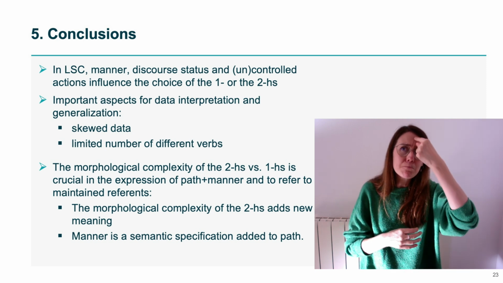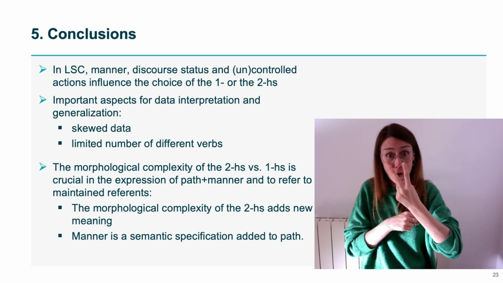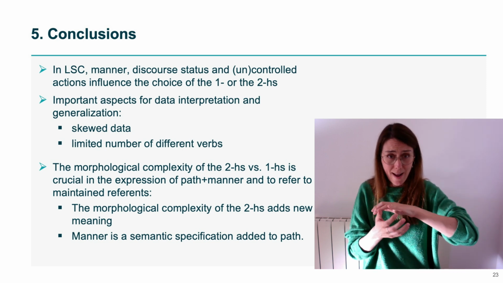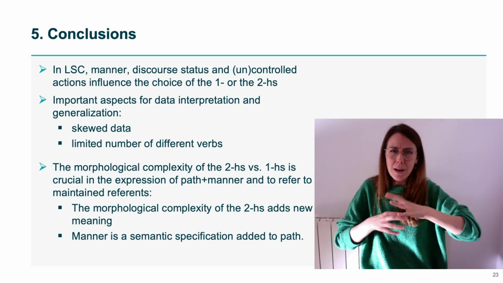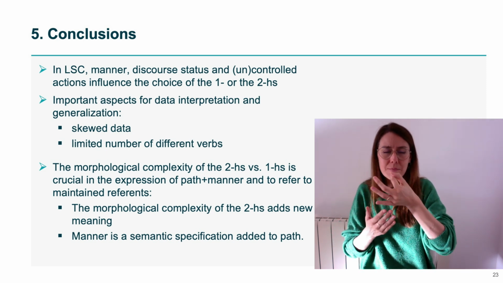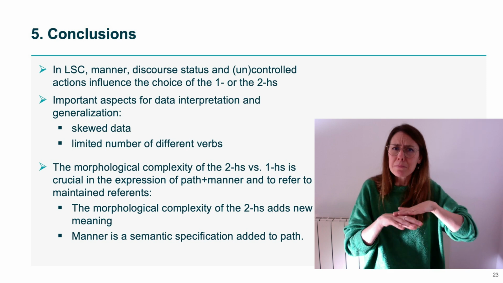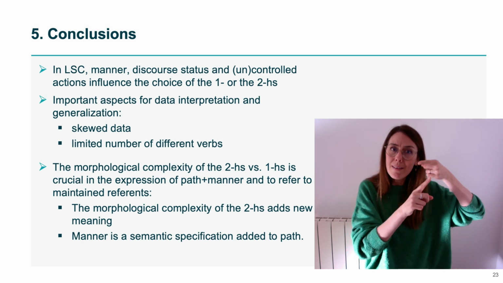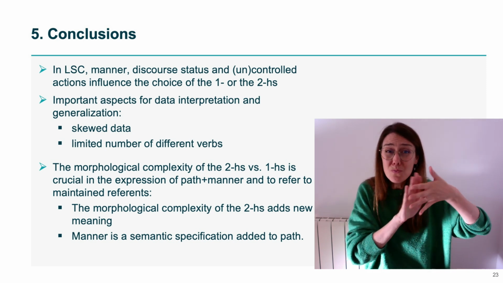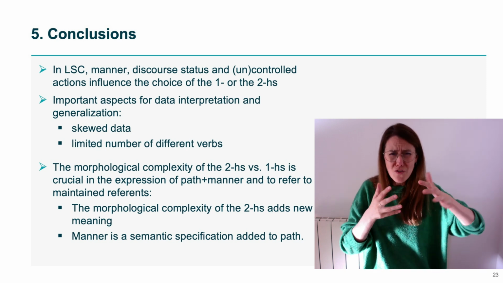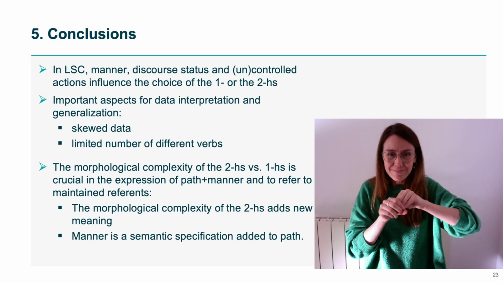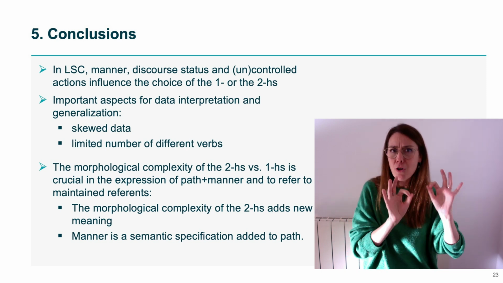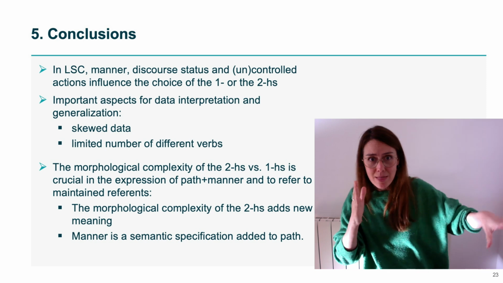But overall, our take-home message is that the morphological complexity of the two hand shape compared to the one hand shape is crucial in the expression of path and manner together, and also to maintain reference. This is due to the fact that the morphological complexity of the two hand shape adds new meaning, and also that manner is a semantic specification added to path.